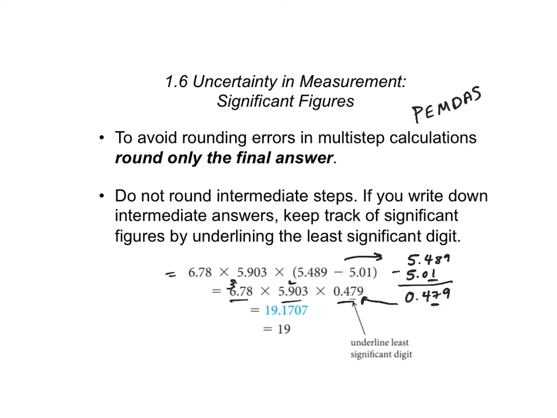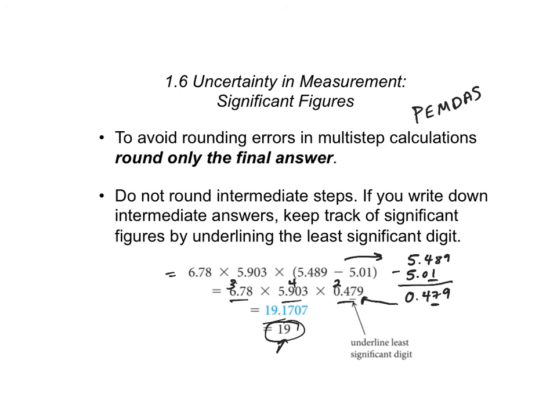I've got a number with 4 sig figs. What does this last number have, even though we've written it as 3? It only has 2, okay? Because, again, of that original one. So 3, 4, 2, how many sig figs will my answer have if I'm multiplying? 2, okay? So we get a number, this is what it is, but we have to round this to 2 sig figs, so the answer here is 19.